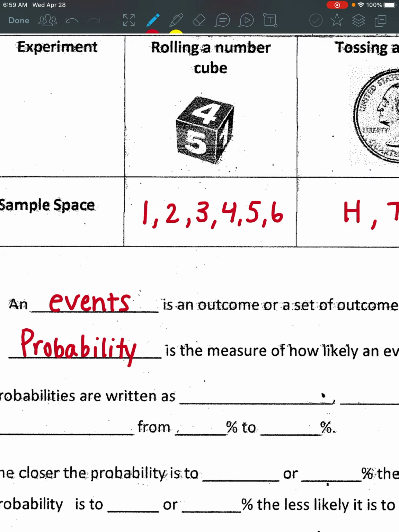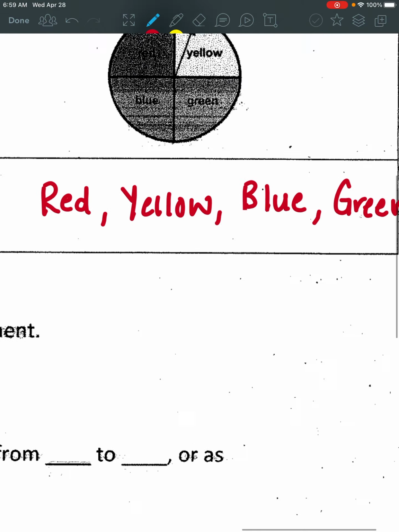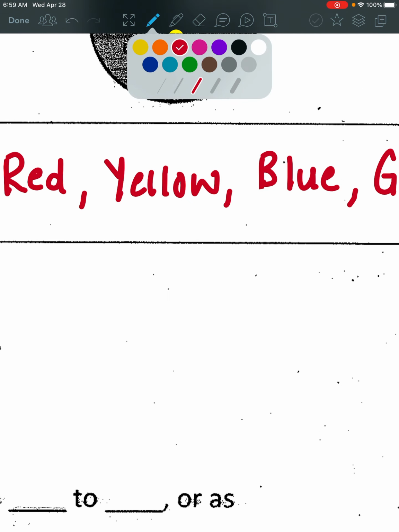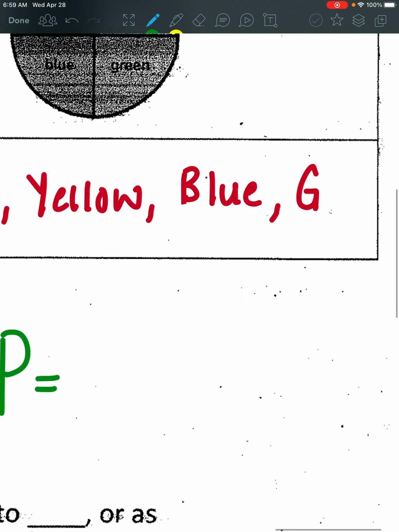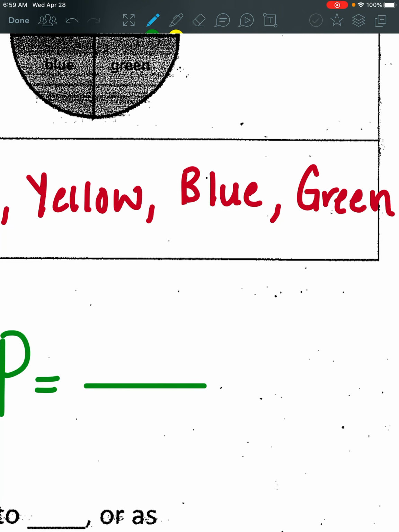All right, now how we find probability, I'm going to come off to the side here and I want you to write down this definition. We see probability as a capital P, and then it's written as a ratio, so a fraction. The top number we find by looking at favorable outcomes.